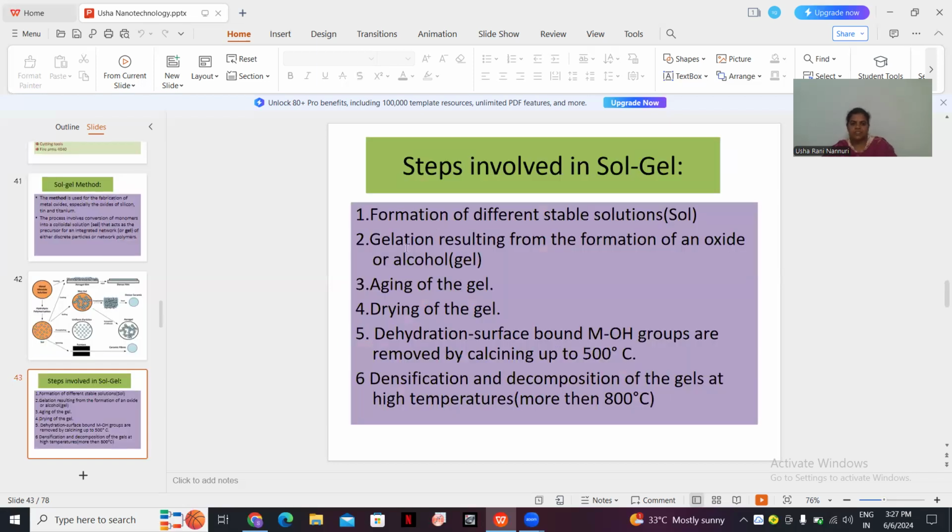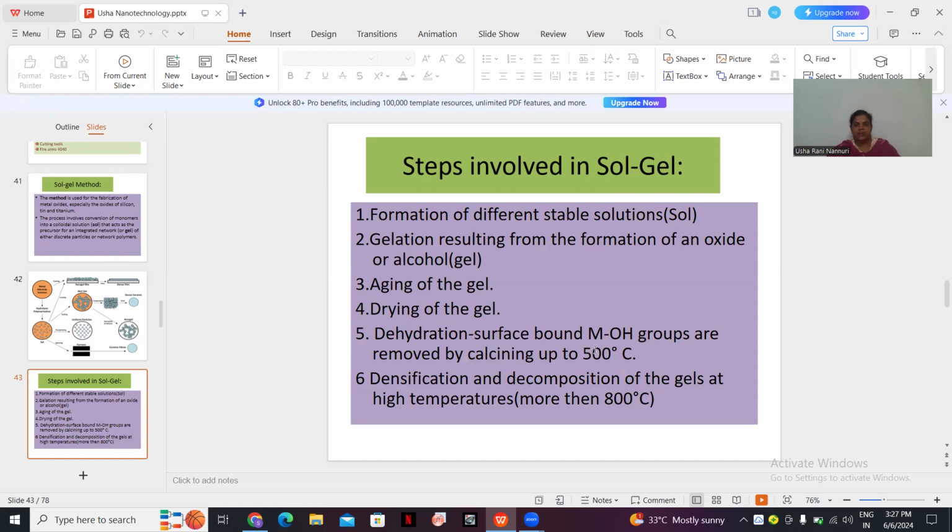What are the steps involved in the sol-gel process? The first step is the formation of a stable solution, which is called the sol. Then gelation results from the formation of an oxide or alcohol bridge network, which is called the gel. The third step is aging of the gel, and the next step is drying of the gel and dehydration.